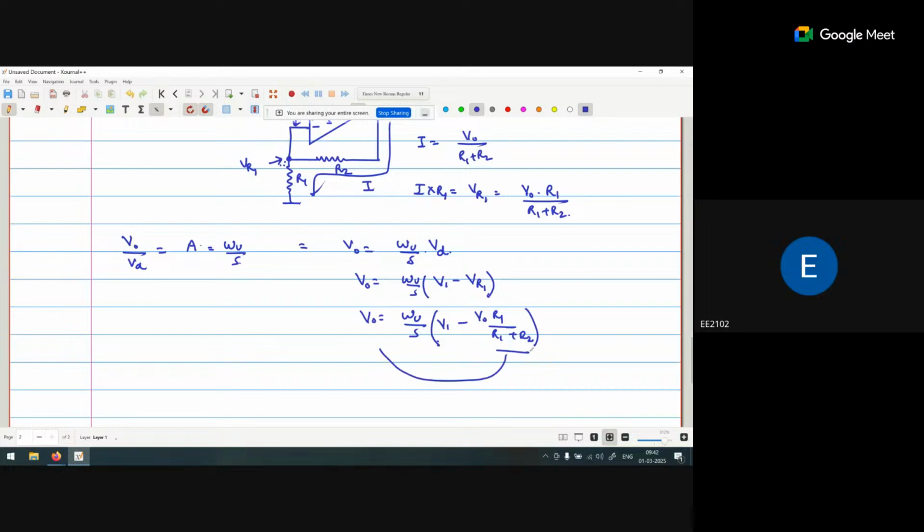Can I take this V naught term here? So V naught times 1 plus R1 upon R1 plus R2 times omega u by s is equal to Vi into omega u by s.